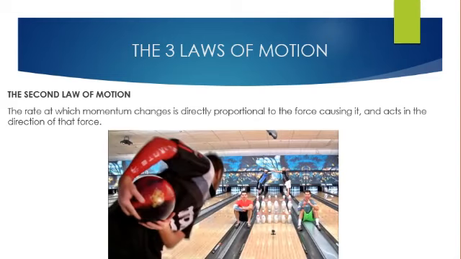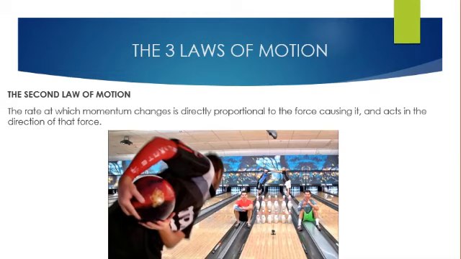Think of the game bowling. In this game, there's this ball which is called the bowling ball, and those white bottle-like structures which are called pins. What happens is that the bowler, who's the man in this picture, will roll that ball to hit those pins. So if you can see, the rate at which the momentum will change in this bowling ball will be directly proportional to the force this man applies onto the ball.